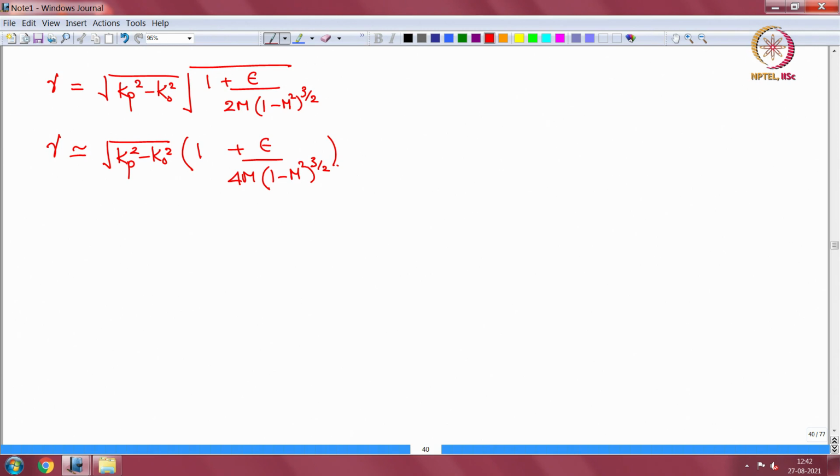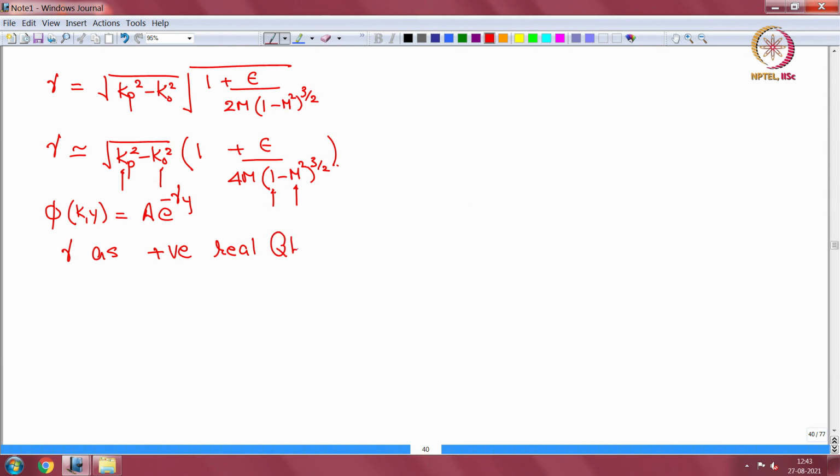So what did we find? We have phi of k comma y given by A e to the power of minus gamma y, and kp is greater than k0, and all others are positive quantities, m is below 1, so gamma is obtained as a positive real quantity.